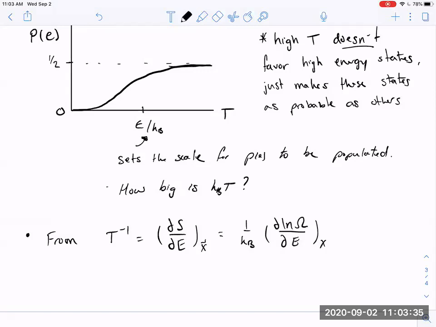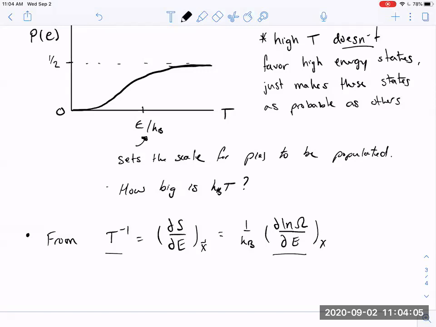We know that the temperature is typically positive. So the left-hand side of that equation is positive, which means that there must be, in general, many more states at higher energies. So the fact that this is positive means that the number of states increases with energy.